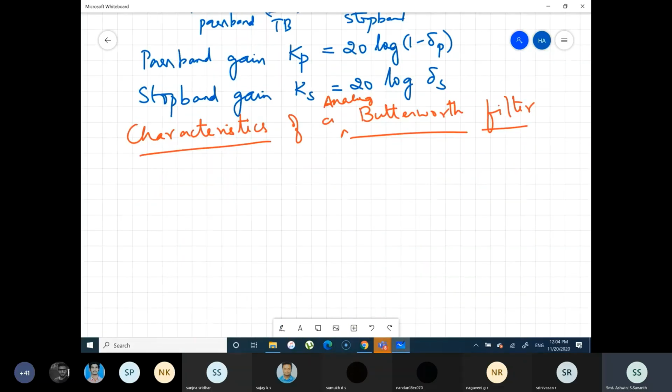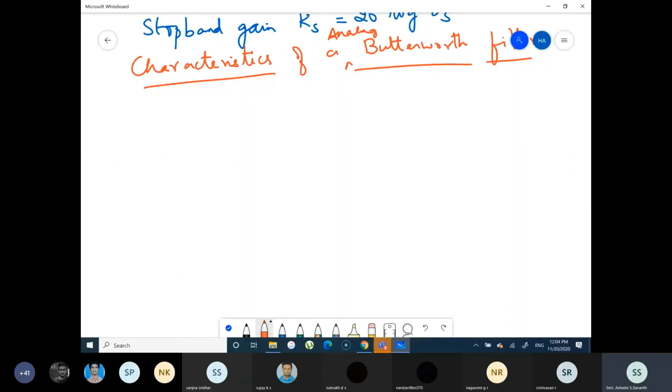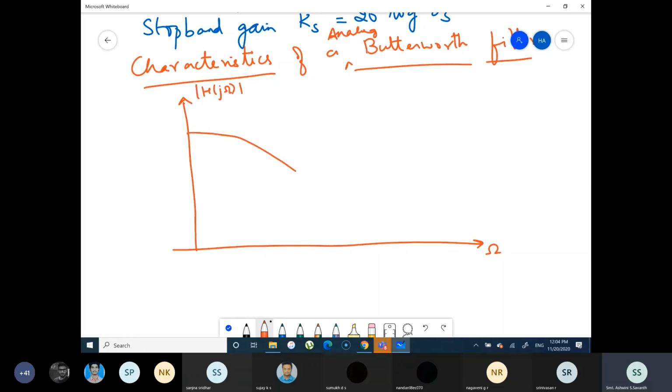The Butterworth filter, like I told you, has a monotonic pass band and stop band, and a wide transition band. The magnitude of H(j omega) will be something like this. This is for an order 1, let us say, a first order filter. It starts with 1 here.